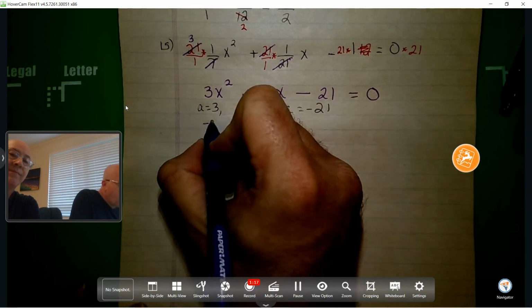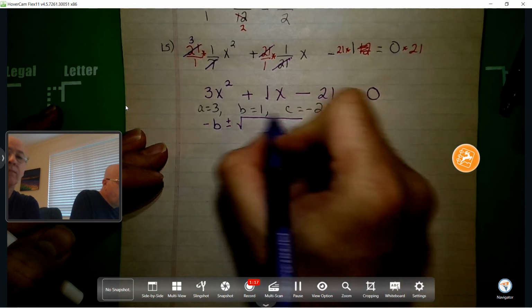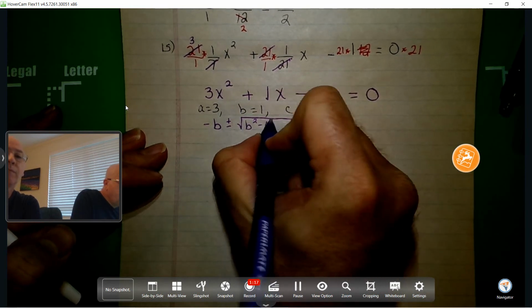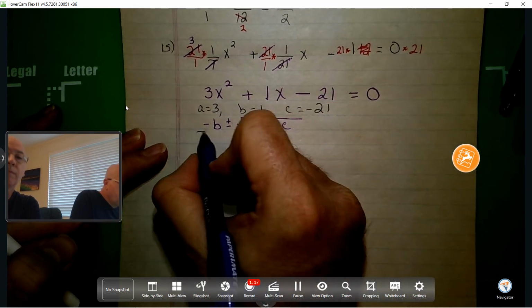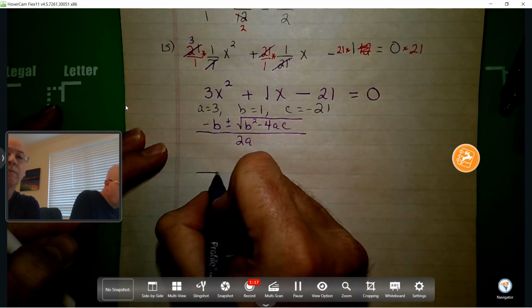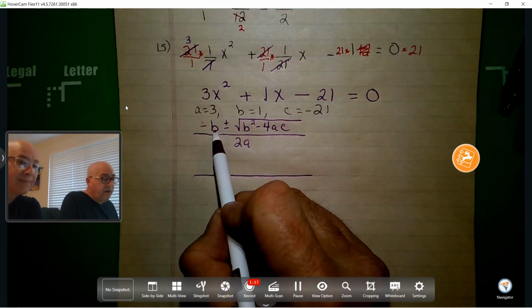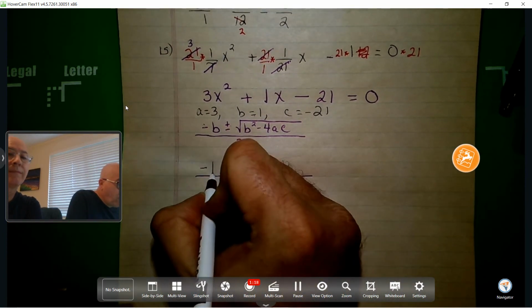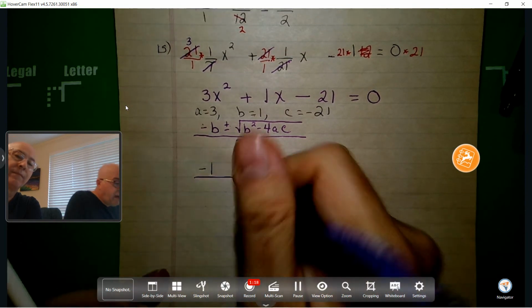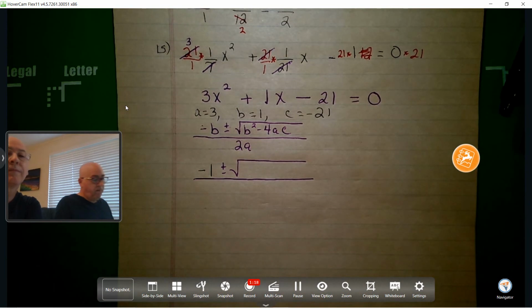So, writing down the formula. Negative b, all over 2a. This is the last time I'm writing the formula today. So starting to plug in. Negative b, so that's a -1, plus minus the square root of b squared.